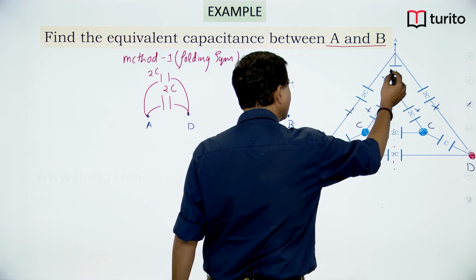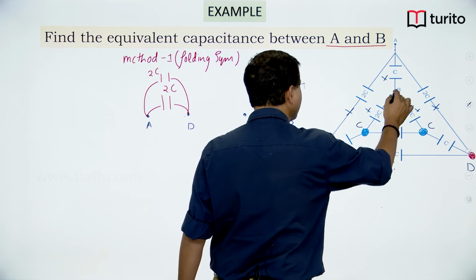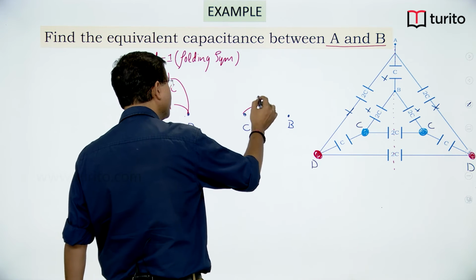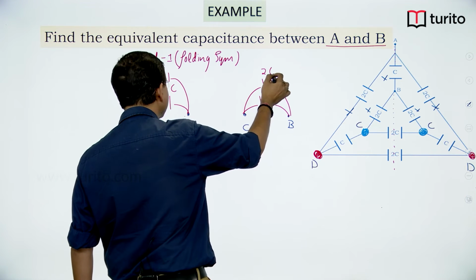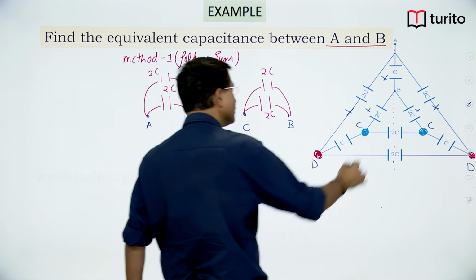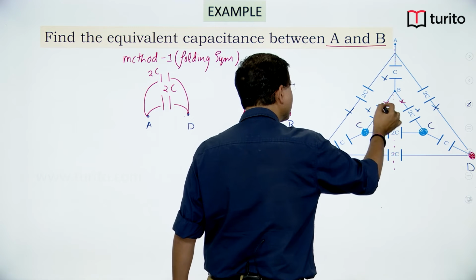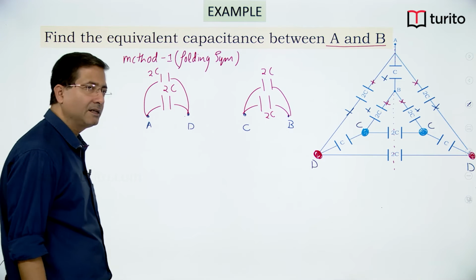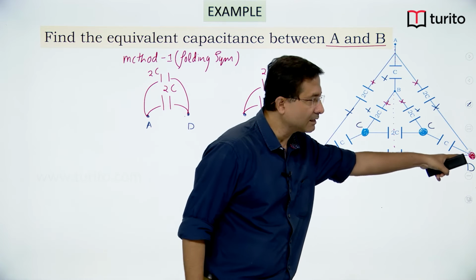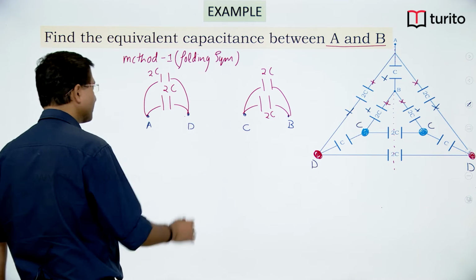So AD over. BC, 2C, these two over. So this over, this one over, right. Between CD there is one capacitor here and one capacitor here. So C and C, there are two capacitors.